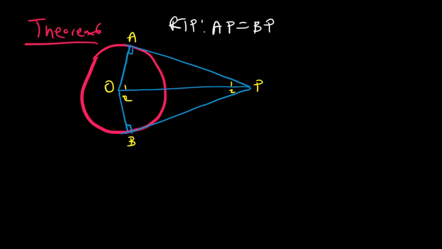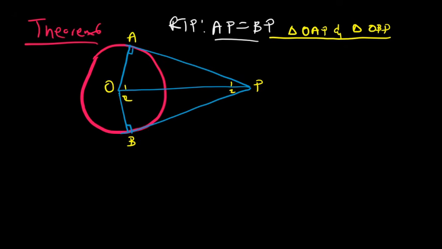The first thing you're going to do is apply your congruency again. You're going to look at triangle OAP and triangle OBP. You're going to compare them, and then once you've compared them, you can conclude that AP is actually equal to BP.